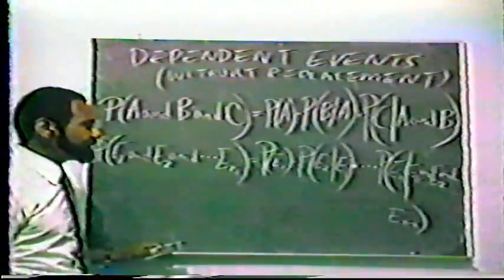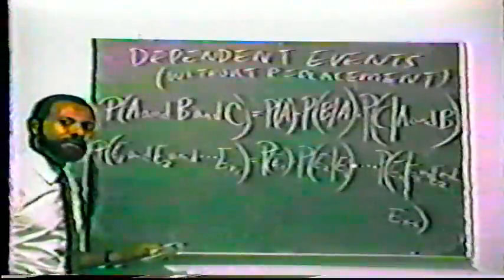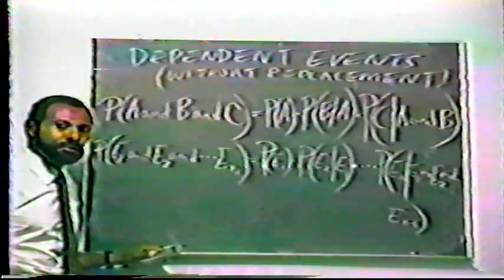That would be the representation for any number of events that you would have.